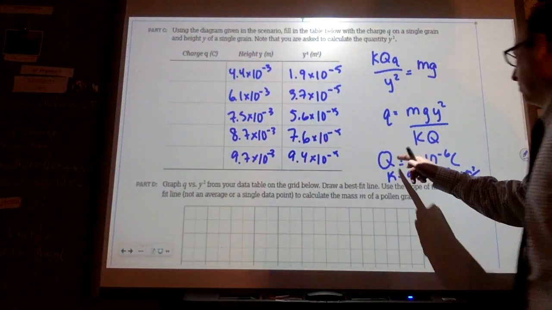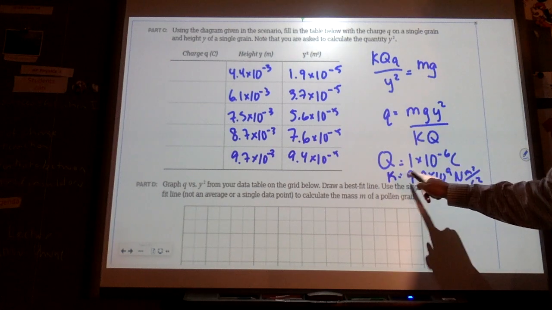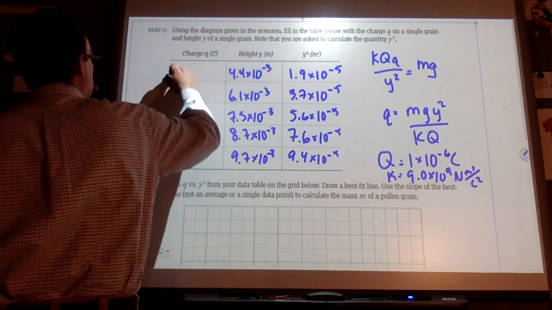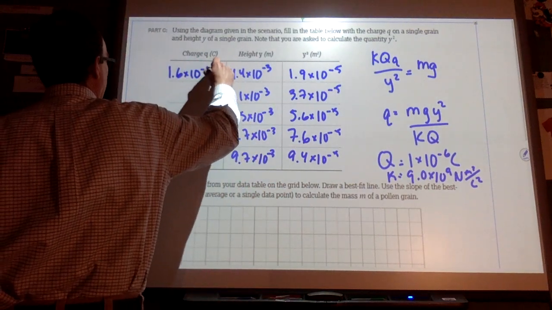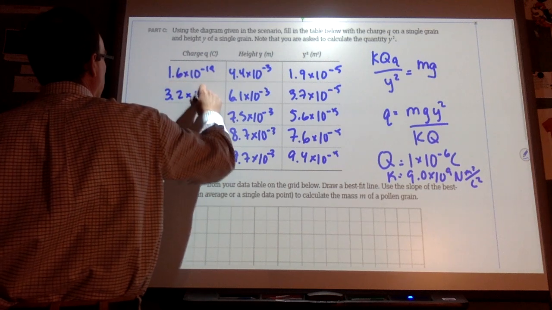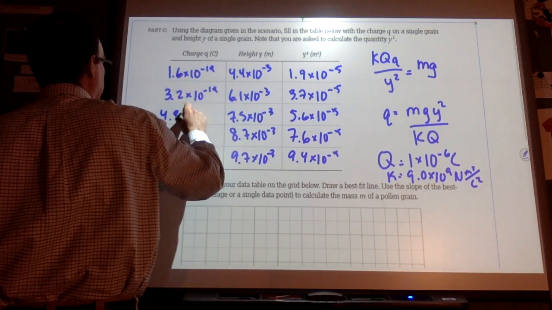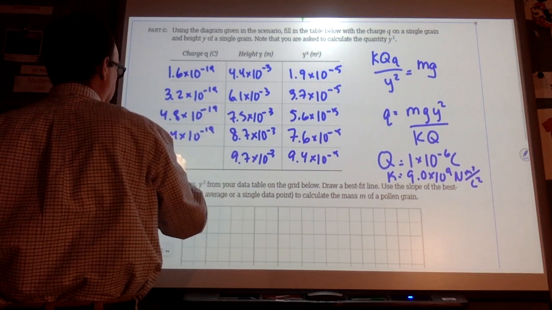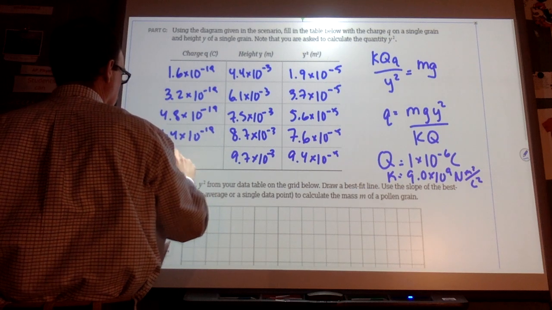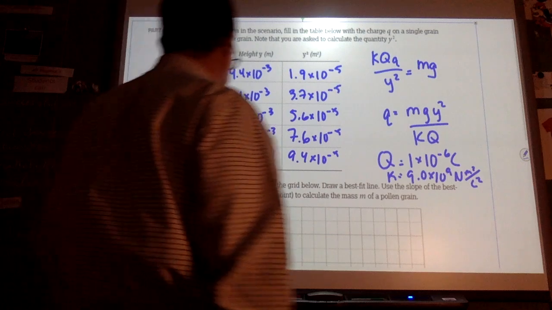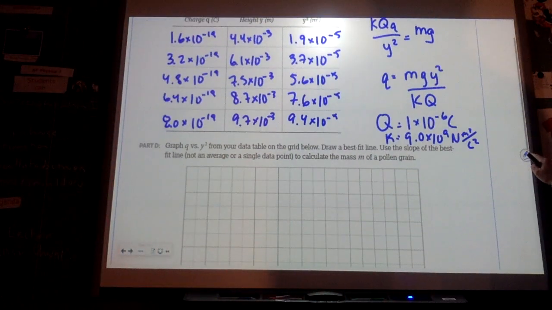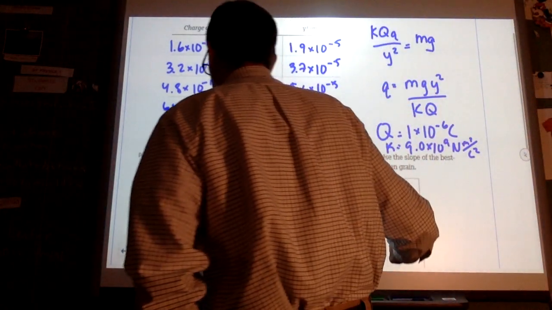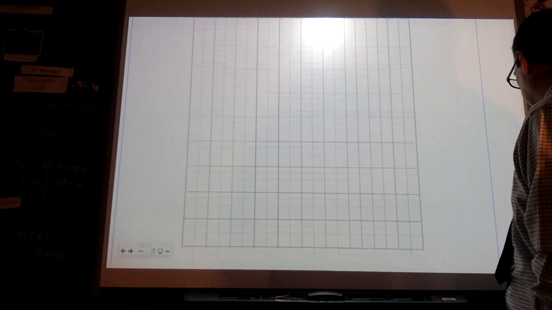I know that big Q is 1 times 10 to the negative 6. I know k is 9 times 10 to the 9th. And then this is going to be our elementary charges, and again, this can only exist in increments of 1.6 times 10 to the negative 19. And they want me to graph q squared versus y squared. I'm going to make this smaller so that it is easier for me to deal with.